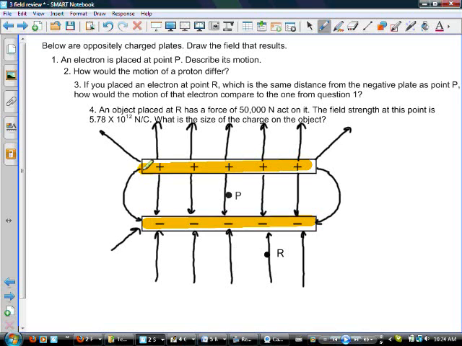If you placed an electron at point R, right over here, which is the same distance from the negative plate as point P, how would the motion of that electron compare to the one from question 1? Sarah? It would repel from the negative plate at a faster acceleration.